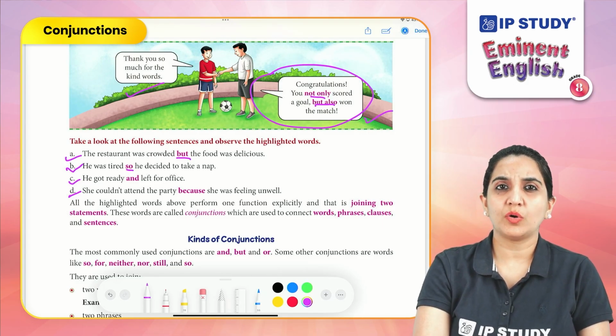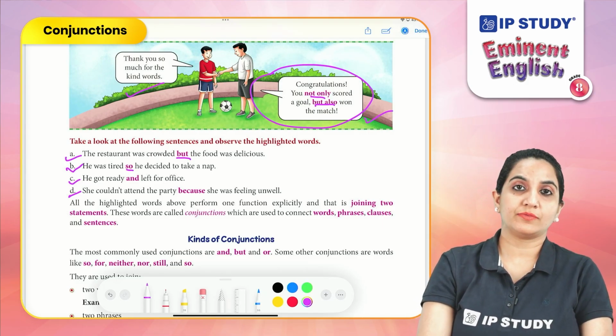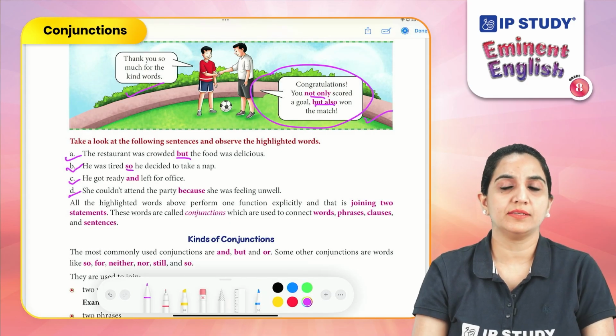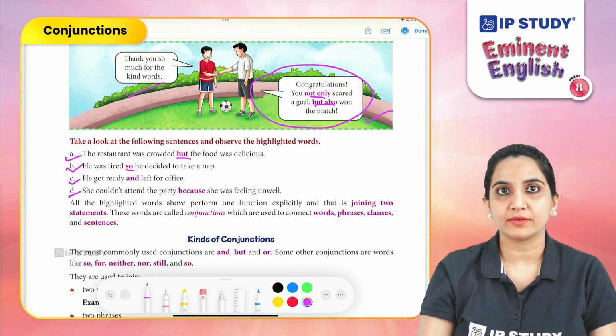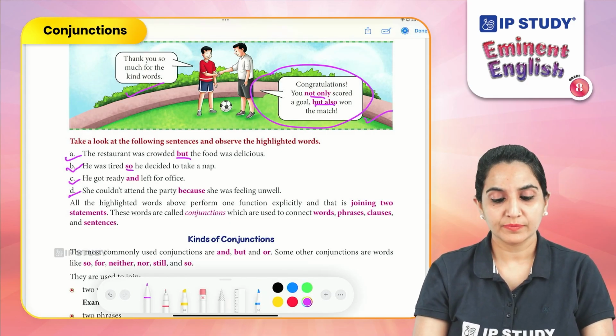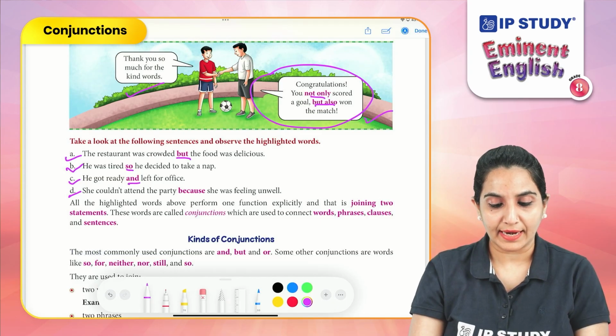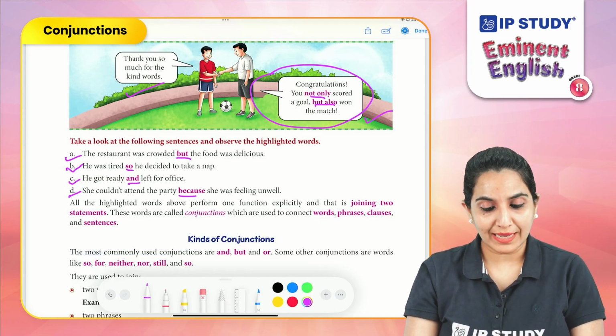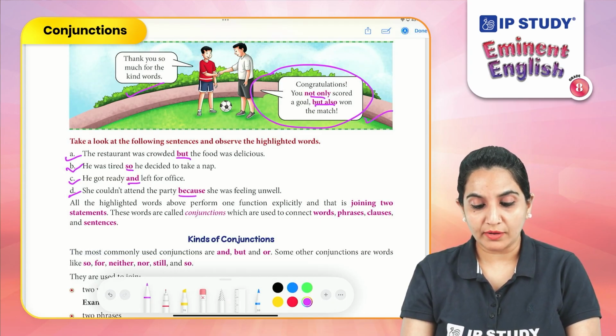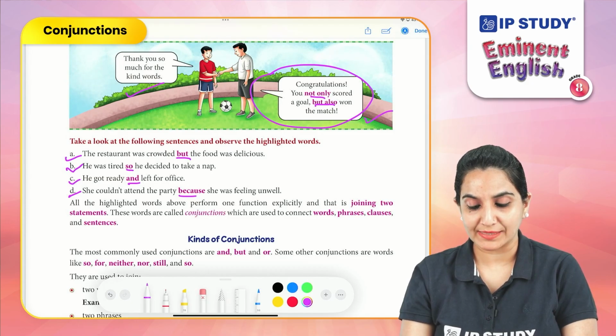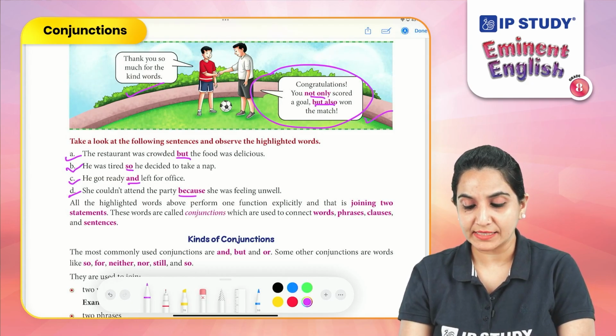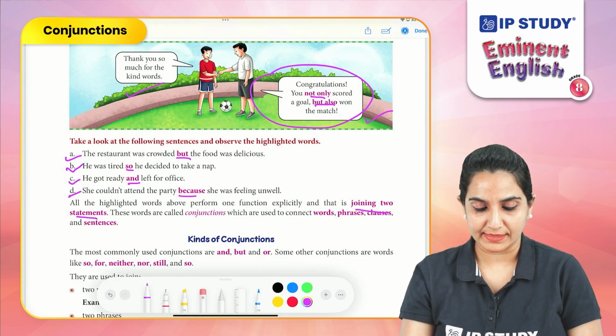This is also called a compound sentence, where we join two simple sentences using connectors or conjunctions like but, so, and, because. All the highlighted words above perform one function explicitly, and that is joining two sentences.